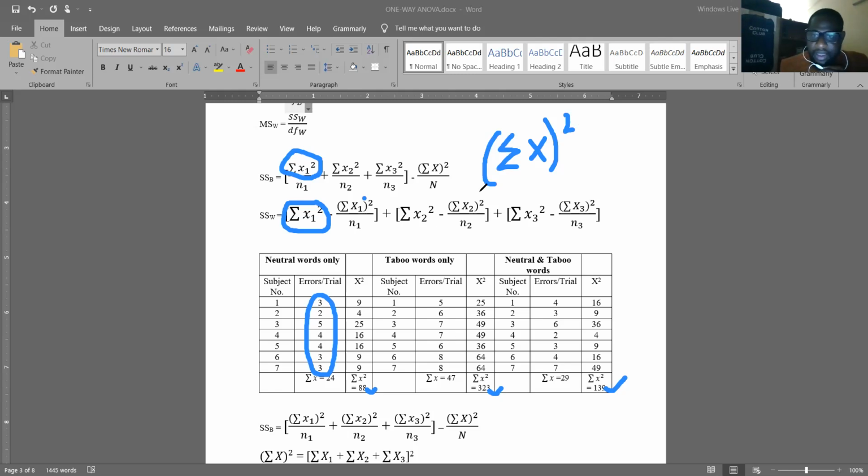So in math, when you see something like this, it means solve the one in the bracket first. And we've already solved it to be 24. So it means 24 squared, that'll be for group 1. Then 47 squared, that'll be for group 2. Then 29 squared, that'll be for group 3. So that's what basically you need to solve.